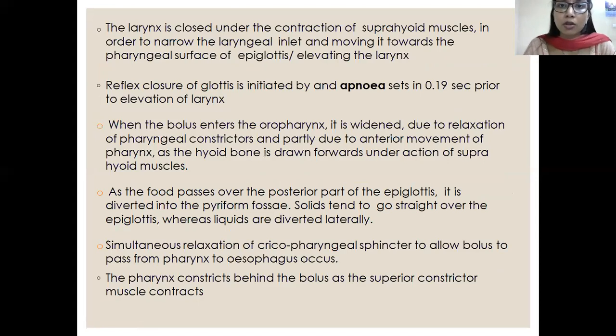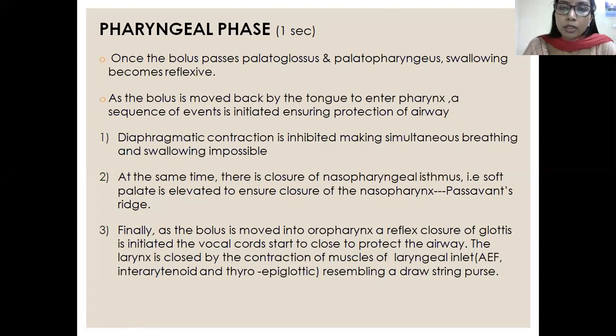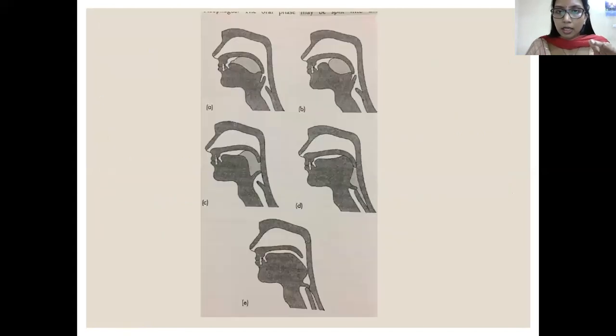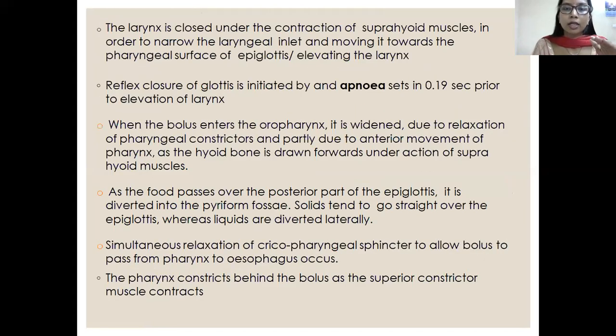The larynx is closed by the contraction of suprahyoid muscles in order to narrow the laryngeal inlet and move it towards the pharyngeal surface of the epiglottis. So not only do the vocal cords and false vocal cords close to seal the larynx, the pharyngeal surface of the epiglottis also comes in contact with an elevated larynx.